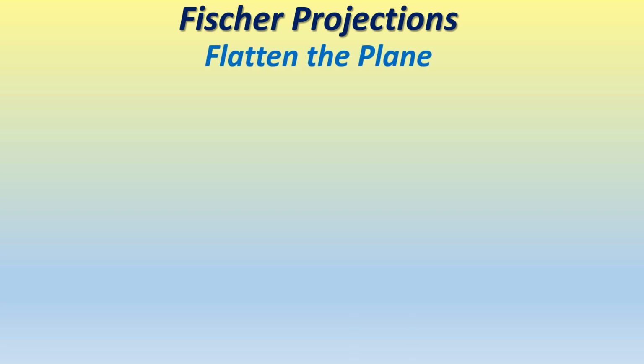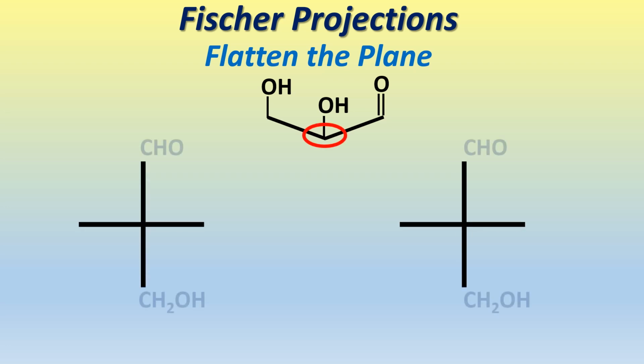In a line drawing, leaving out all the hydrogens, the 2,3-dihydroxypropanal is bent. That second carbon is chiral, which means that the hydroxide could either be on the left side or the right side.